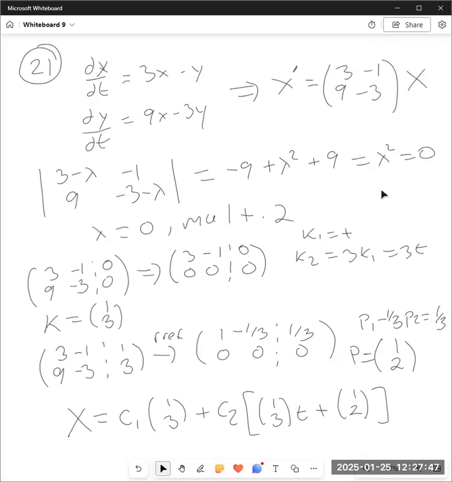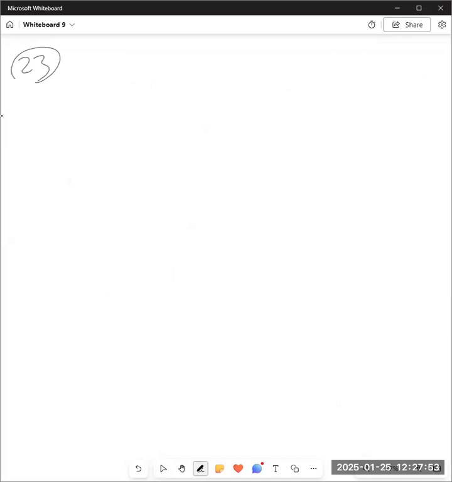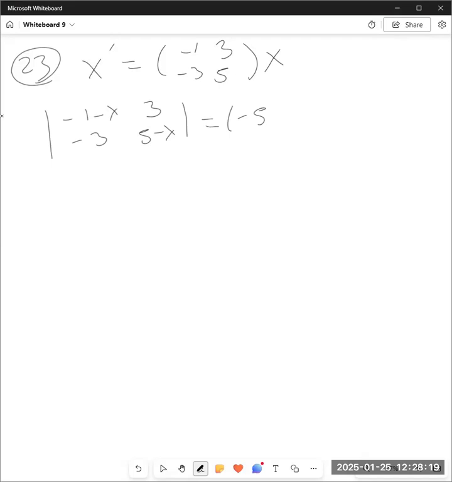Let's go ahead and look at number 23 next. We're just given X prime is equal to [-1, 3; -3, 5] X. So my characteristic equation will be -1 minus lambda, 3, -3, 5 minus lambda, which is going to be equal to -5 plus lambda minus 5 lambda, which is -4 lambda, plus lambda squared, and then we have minus a -9, which is +9, equals 0.